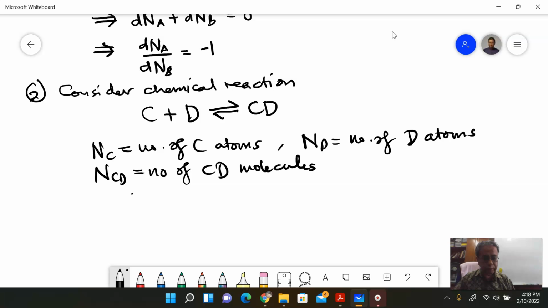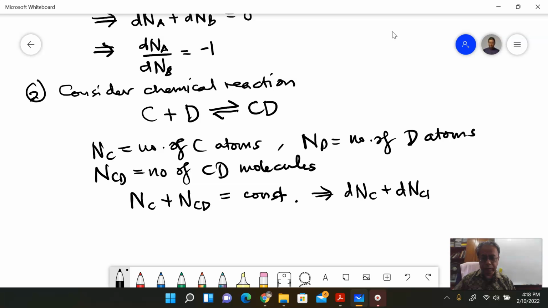So whatever C loses out in the reaction must be appearing in these CD molecules. So in other words, dNC plus dNCD has to be equal to 0. And similarly, the same thing you can apply to the D atoms. It has to be kept constant.